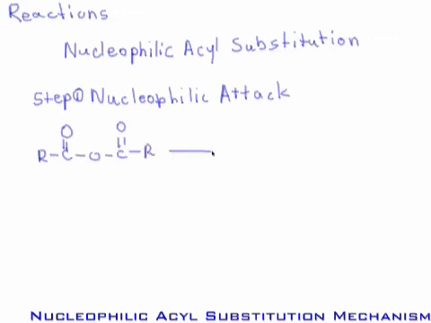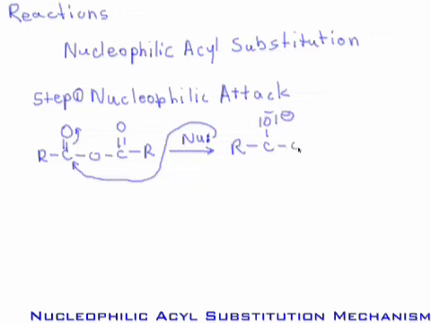We attack this with our nucleophile, called Nu, which has a lone pair. The nucleophile goes for a carbonyl. This pushes electrons out on the oxygen. We get R, C, O minus, O, C double bond O, R, and a nucleophile attached to it.